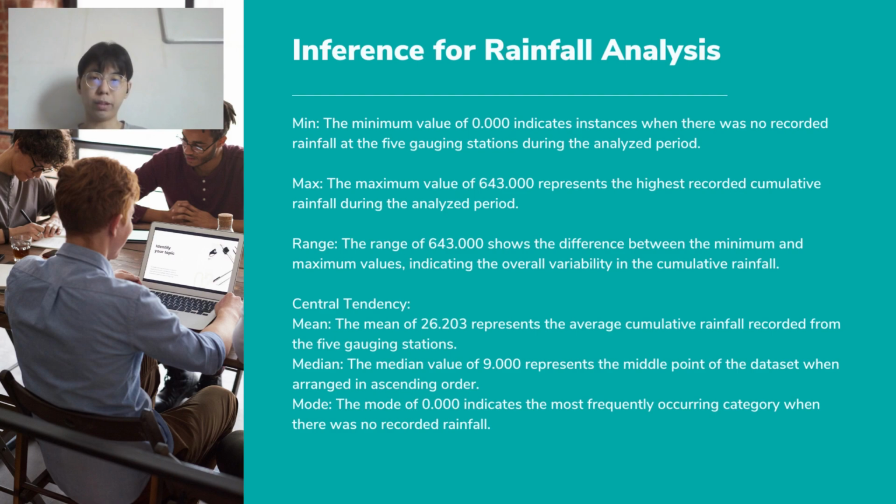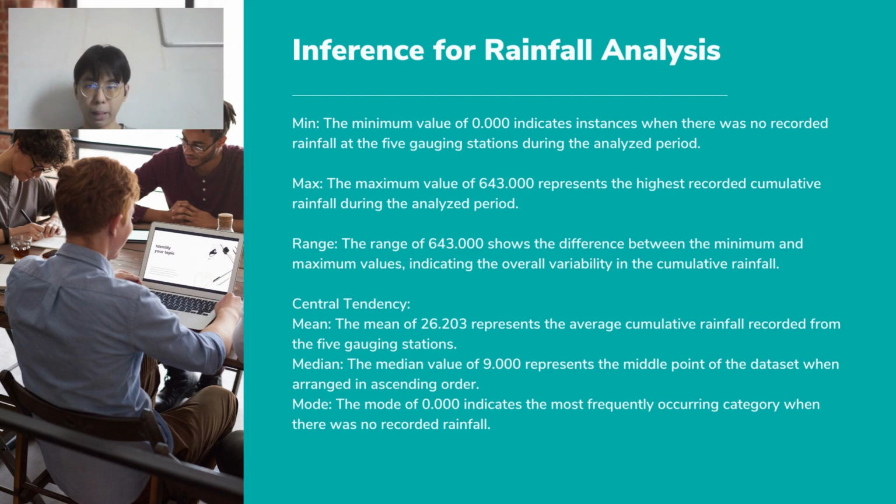Second is the maximum value of 643, which represents the highest recorded cumulative rainfall during the analysis period. The next is the range. The range of 643 shows the difference between the minimum and maximum value, indicating the overall variability in the cumulative rainfall.